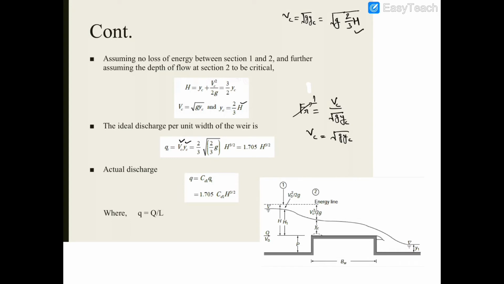We have substituted the value of small g as 9.81.